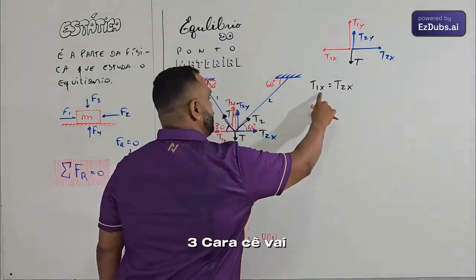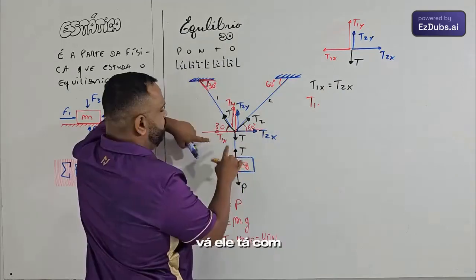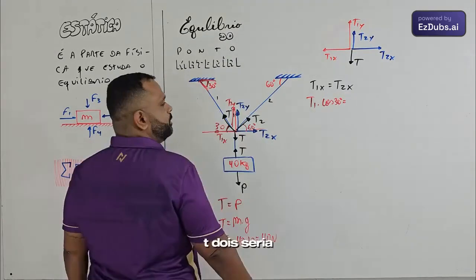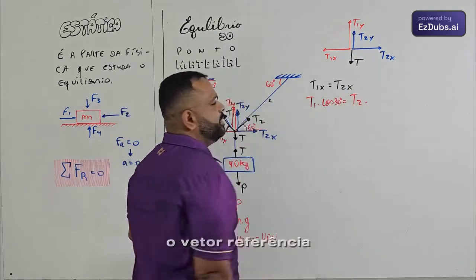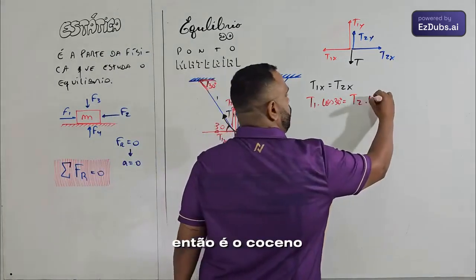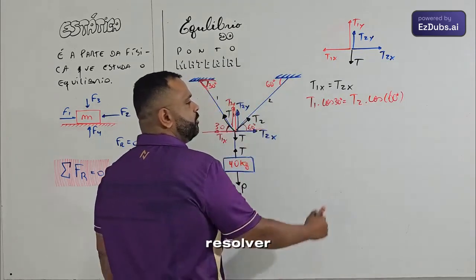So, there's this guy. You will take its reference traction, which is T1, times the cosine of 30, since it has an angle. T2 would be who? It would be the reference vector, which is T2, and it has this angle of 60. So it's the cosine of 60 degrees. So now we just have to resolve it. Look.